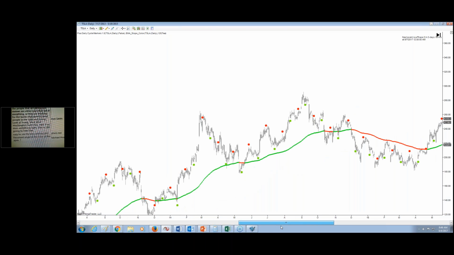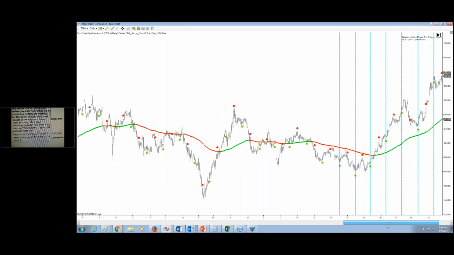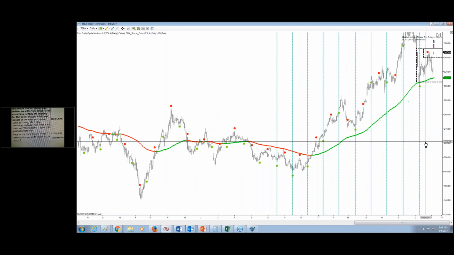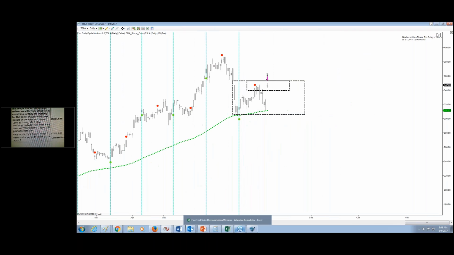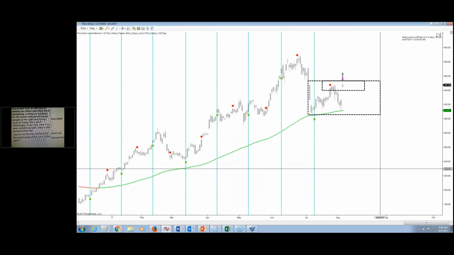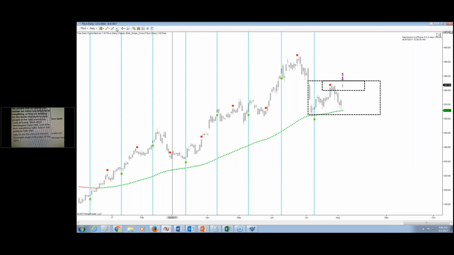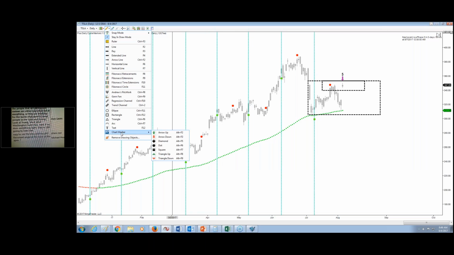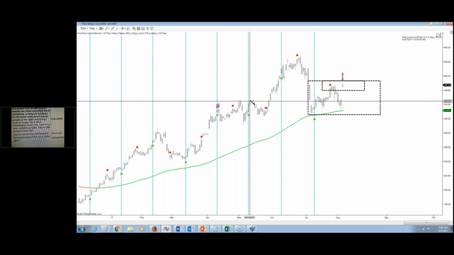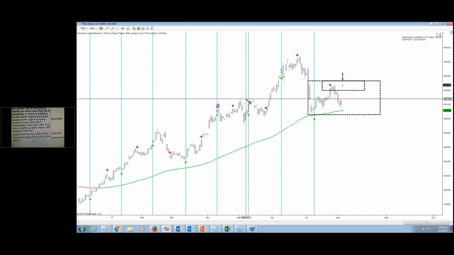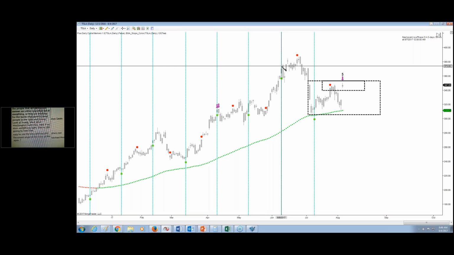Okay. So we'll come back over here. We need more information. The other phase 2s that were pattern 5 were here. And that didn't quite make it, but this one did.